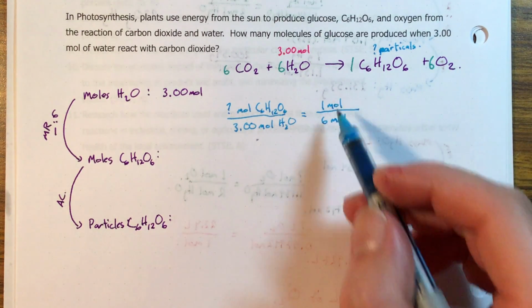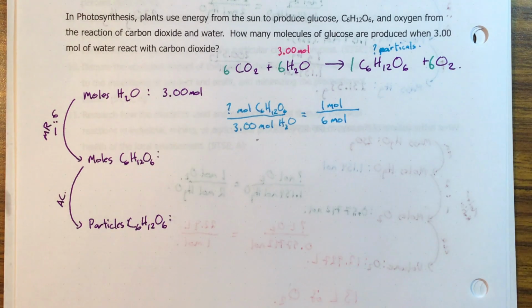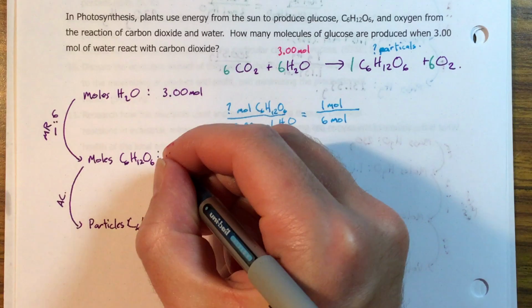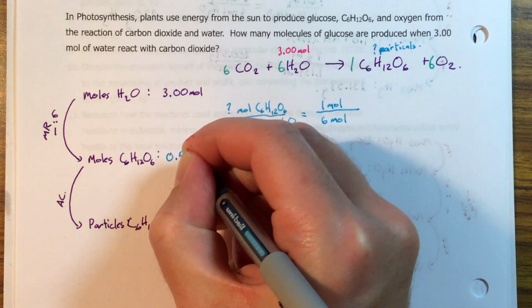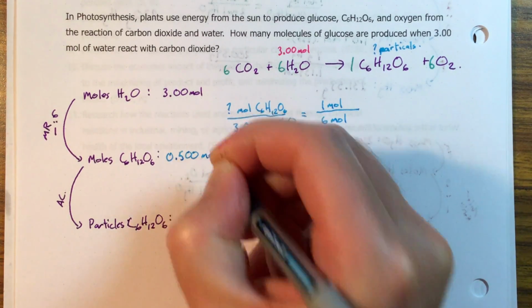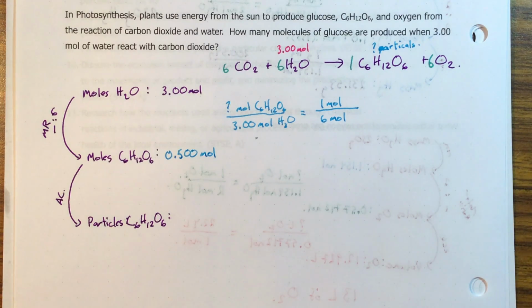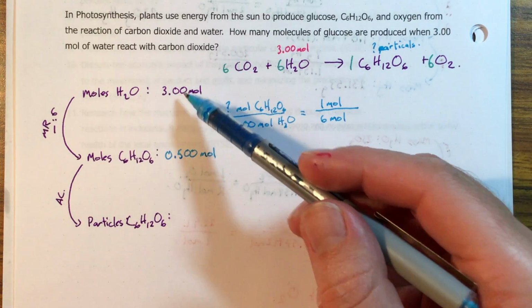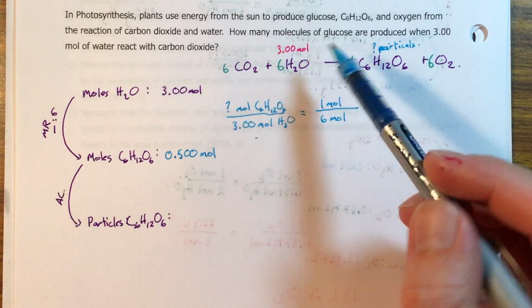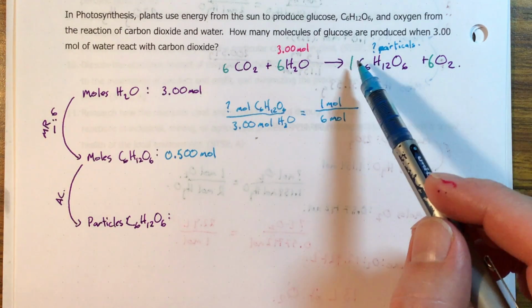So I do 3 times 1 divided by 6, which is just 3 divided by 6, which is 0.5 moles. We'll have half a mole. Do you see how this is 6 times more moles than this one? Right? 6 times more moles than this one.